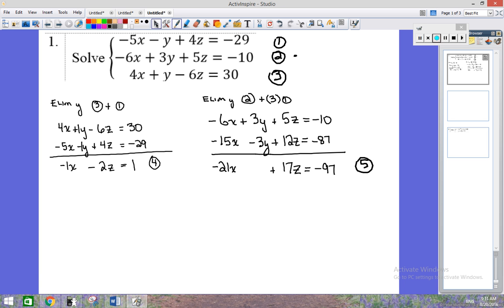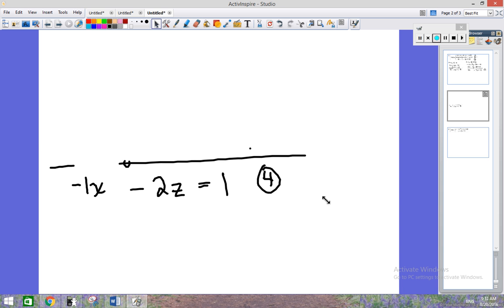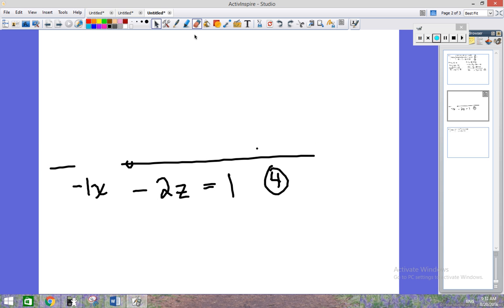And let's come over and select, well, it's going to select the whole thing, so we're going to copy this to another page, give ourselves a little bit more room. I'll erase what I don't need. Let's make that bigger so that I don't erase my equation.